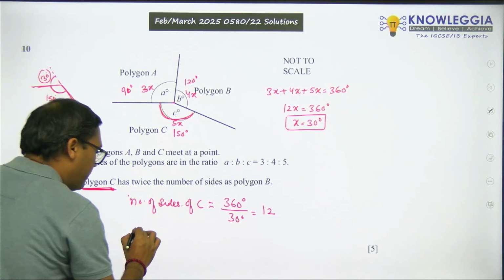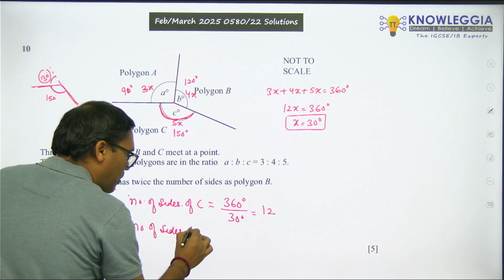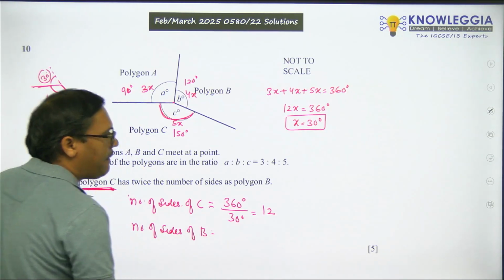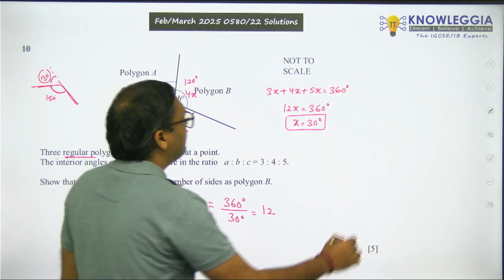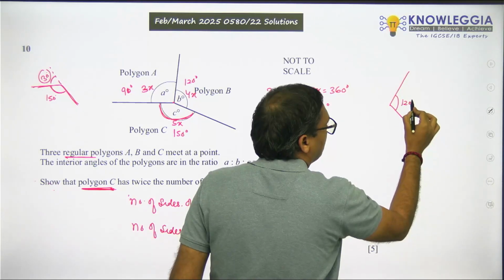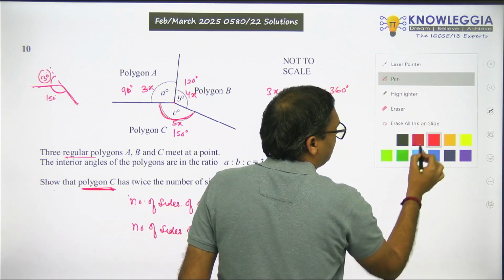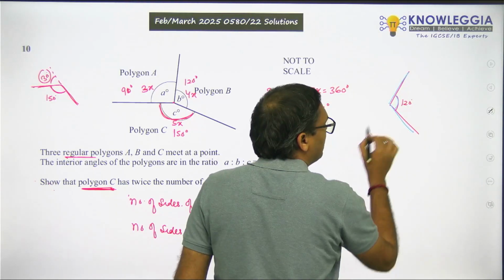Now for polygon B, number of sides of polygon B. Okay. Now what is polygon B? The interior angle is 120 degrees. So if this is, for example, polygon B, this angle is 120 degrees.